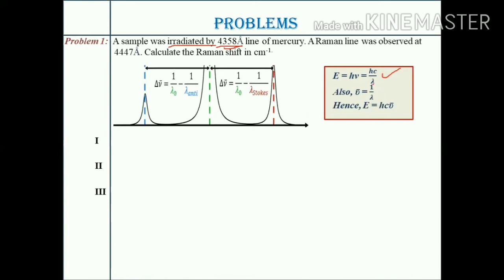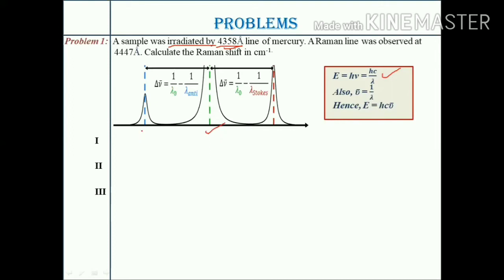If we substitute the value of nu bar, the wave number, we get the energy as hc nu bar. Now this portion of the spectrum represents the Raman spectrum, wherein the central peak has been cut off. The central peak represents the Rayleigh scattering.